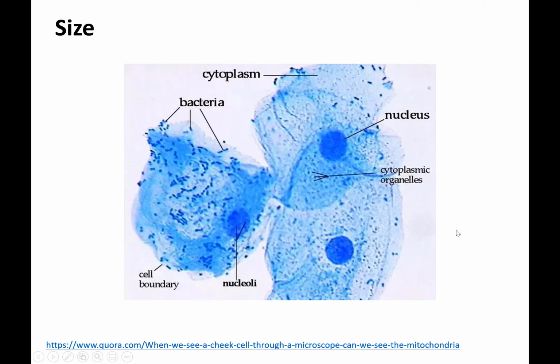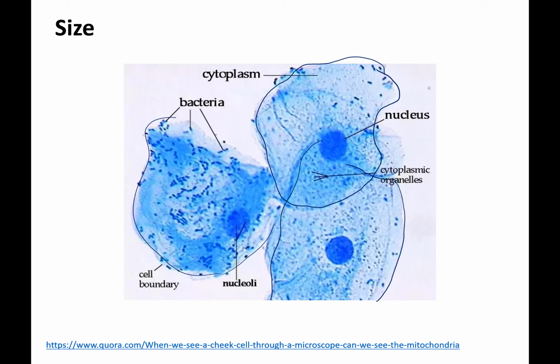I love these images because you can do these yourself. And this is just a cheek cell. And you can see there's two cheek cells here. I'm outlining their plasma membrane, and another one over here. And it's big, right? So this cheek cell is eukaryotic.